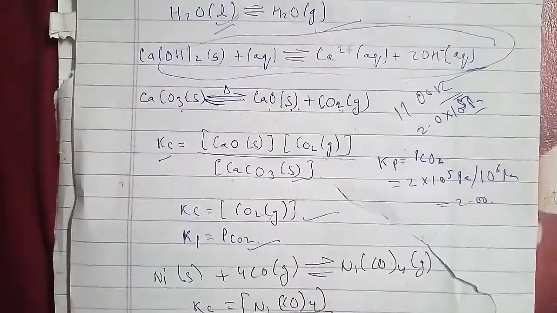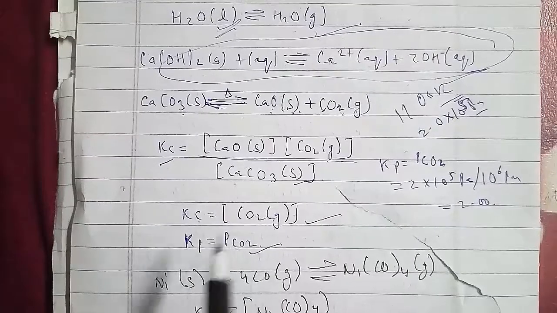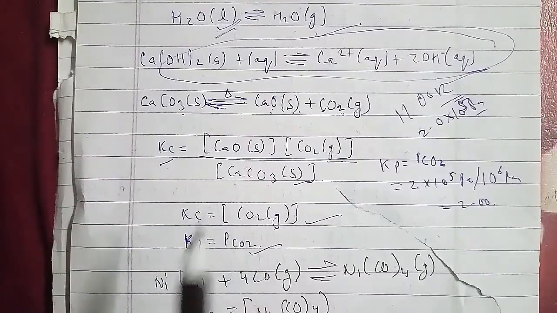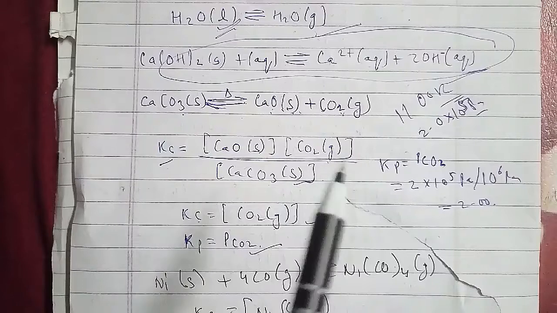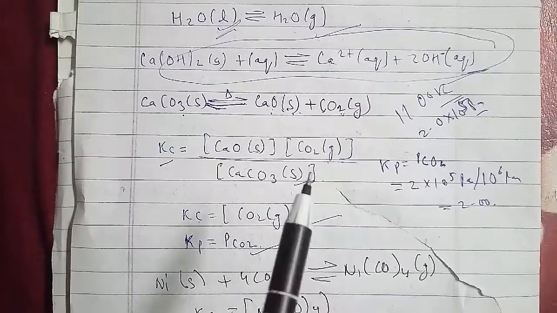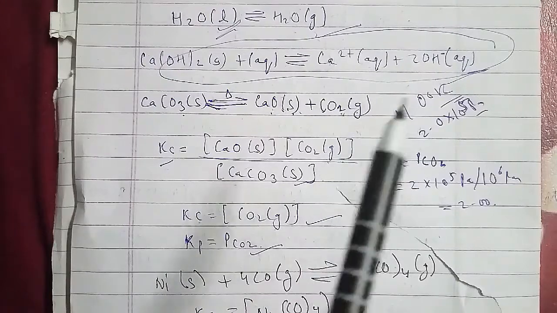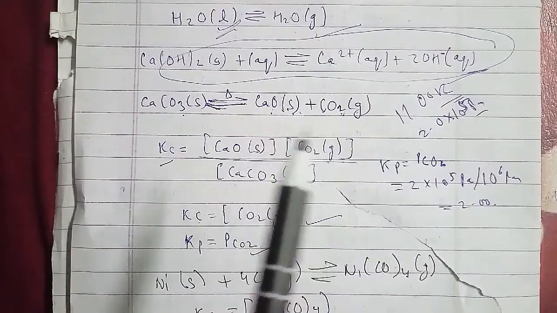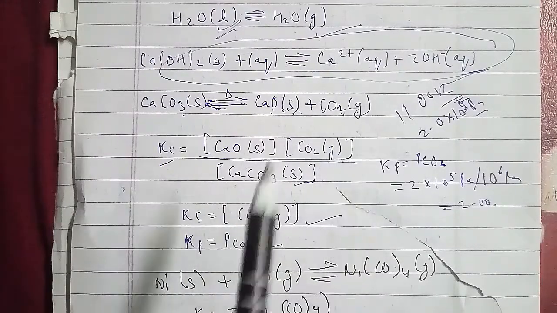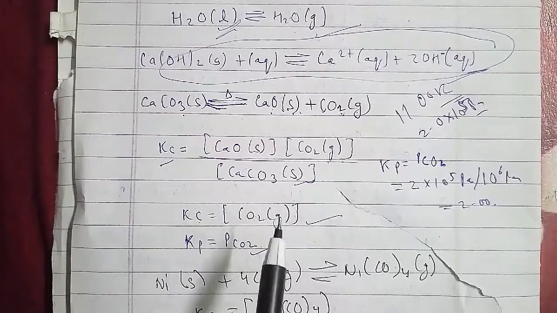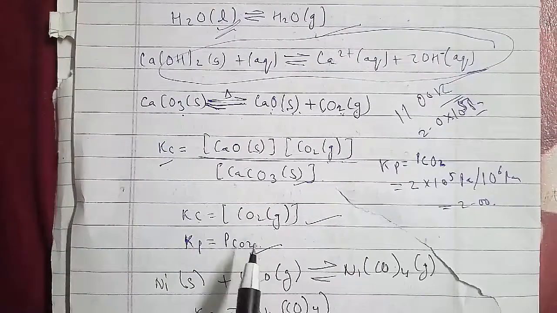So it must be remembered that in heterogeneous equilibrium, pure solids and liquids must be present however small the amount may be for the equilibrium to exist, but their concentration or partial pressure does not appear in the expression of the equilibrium constant. And we have another equation.